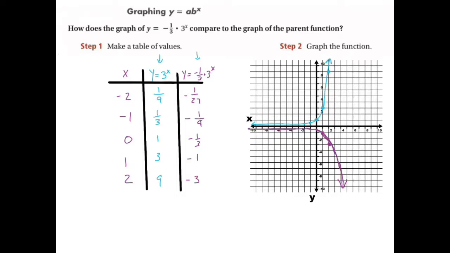So it asks, how do they compare? Well, one of the things we should note right off the bat is that y equals negative 1/3 times 3 to the x is flipped across the x-axis, and it's compressed by a factor of 1/3.